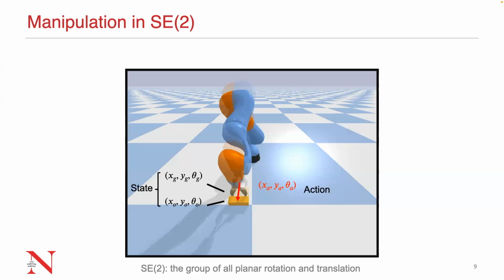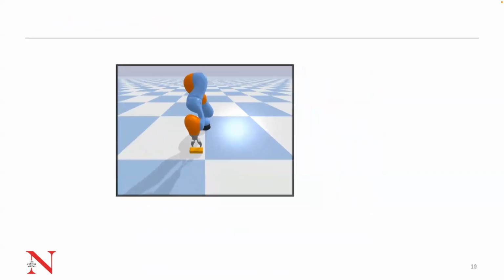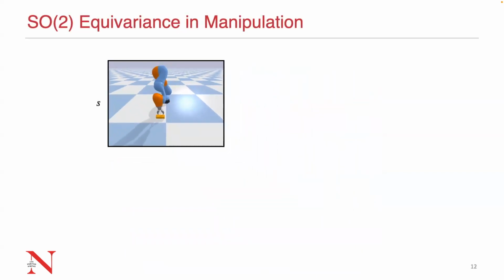So both the state and action can be defined in the space of SE2. Just to remind, SE2 is the position and the top-down orientation. In that scenario, there might be some SO2 equivariance in our task.